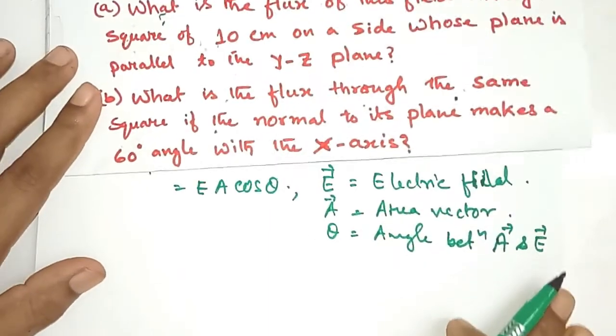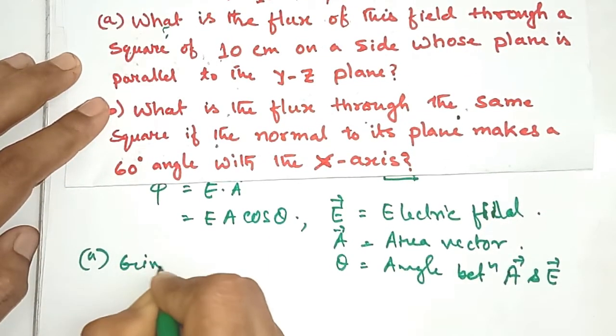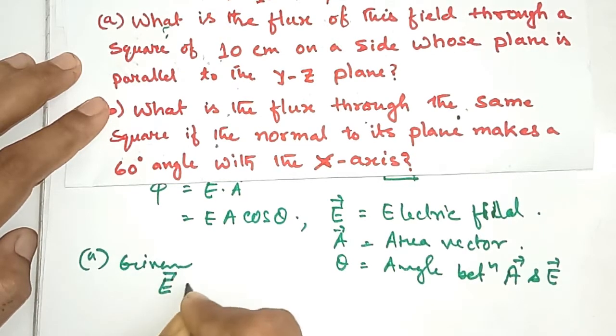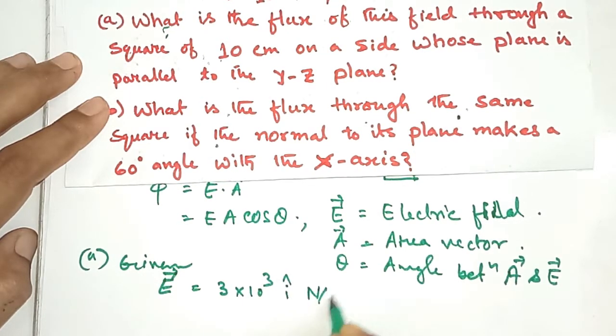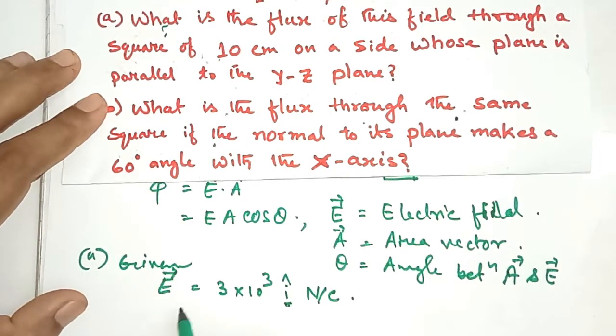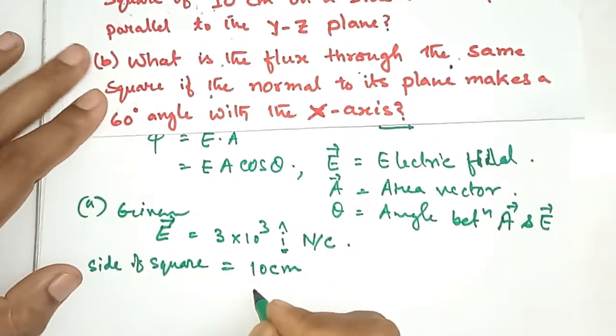According to the question, given E equal to 3 into 10 to the power 3 i cap Newton per Coulomb. This i cap indicates that the electric field is in x direction. The side of the square is 10 centimeter.